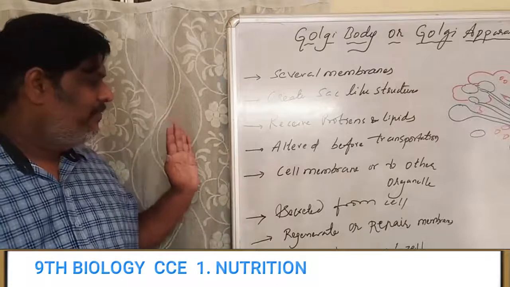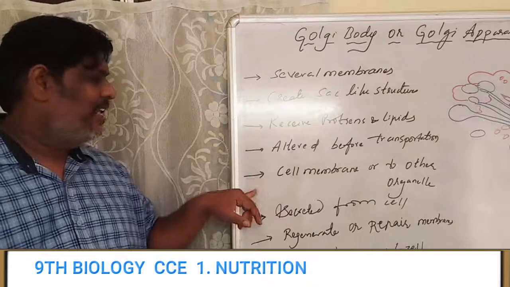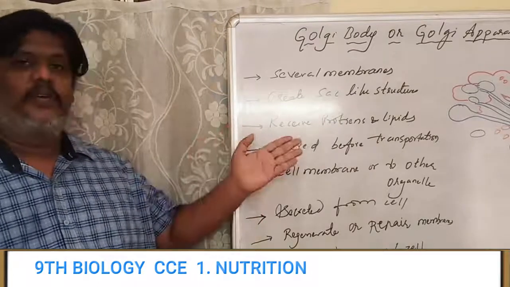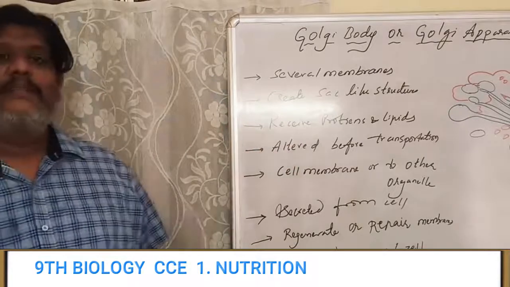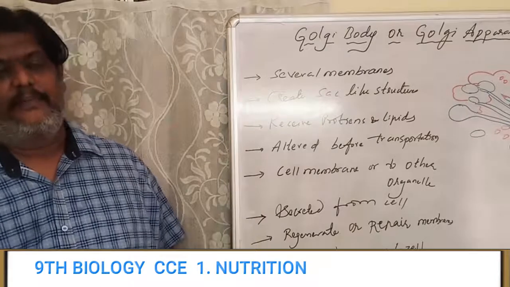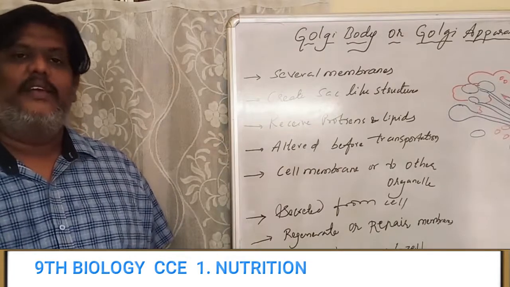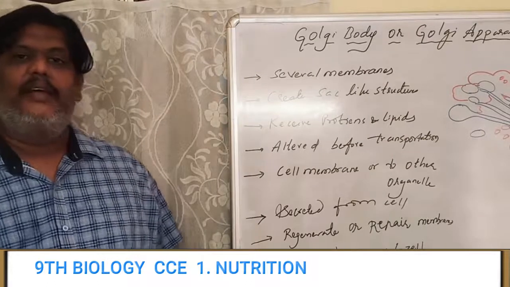If they need it, then the Golgi complex will transport them to the cell membrane, or transport them to the other organelle. Once they come to the cell membrane, they will be secreted out of the cell. The cell membrane will allow these proteins and lipids to go out so that they can go to the other places where they are required.